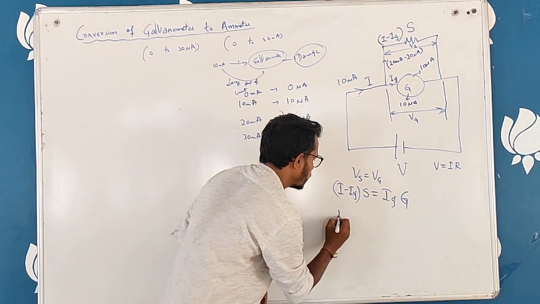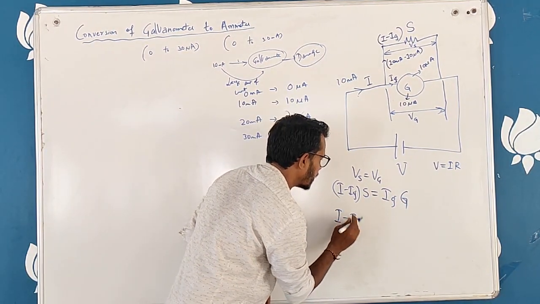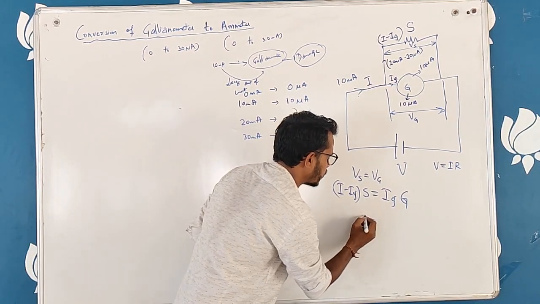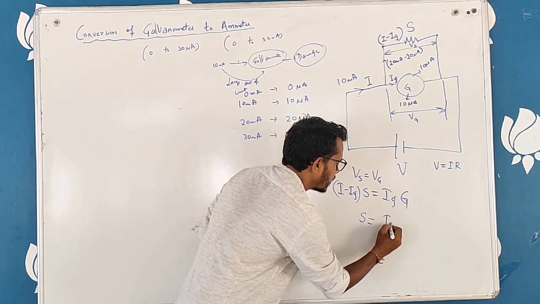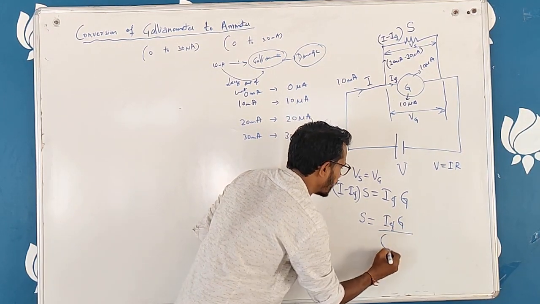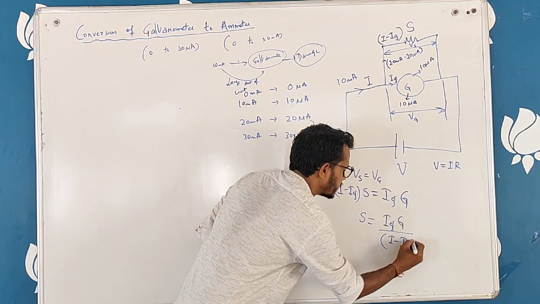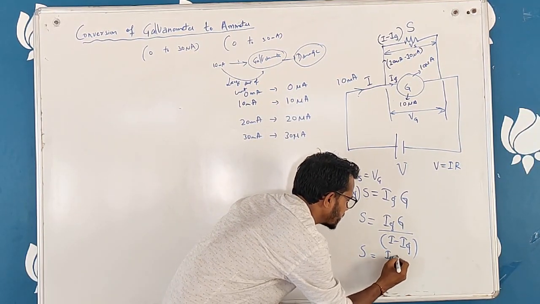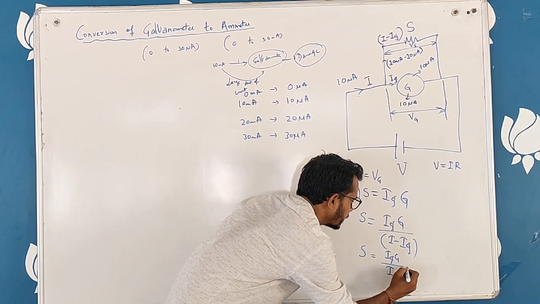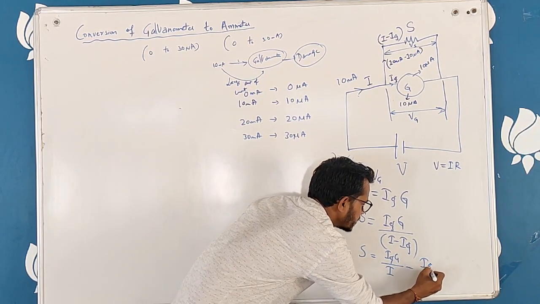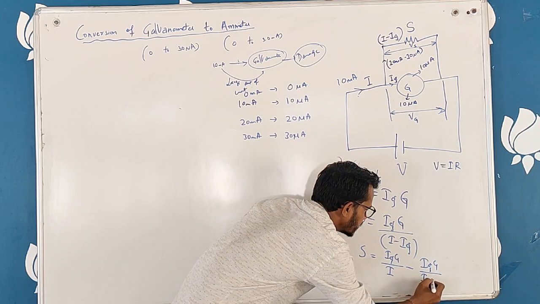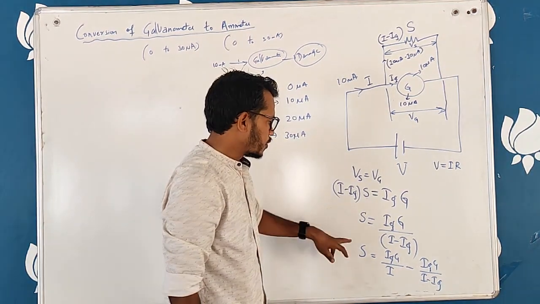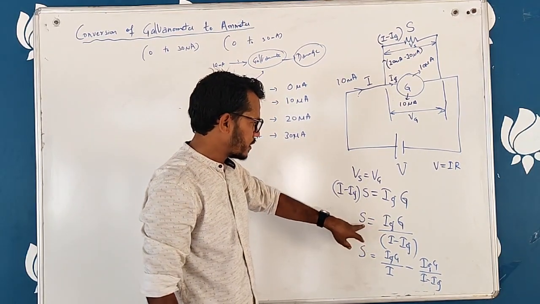So I minus Ig times S equals Ig times G. I want the S value, so I keep S on one side: S equals Ig G divided by I minus Ig. You can use either form of the equation.